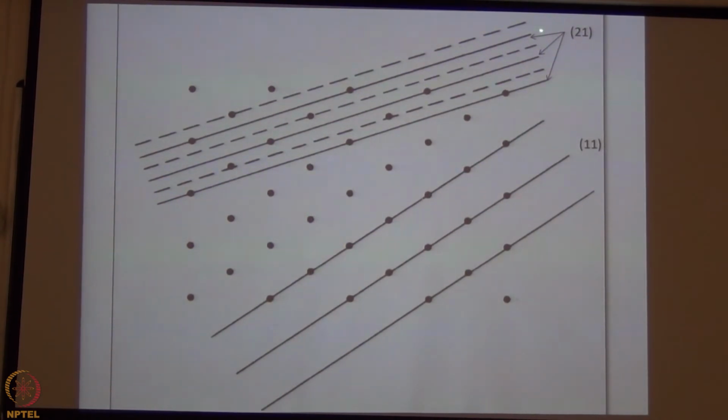So the distance between two parallel dark lines is d21. The distance between two dashed lines is also d21. But they are the same in terms of electron density. If you see the atomic disposition in the dashed lines and the bold lines, they are identical. That means these two are the same set of planes with half the distance.